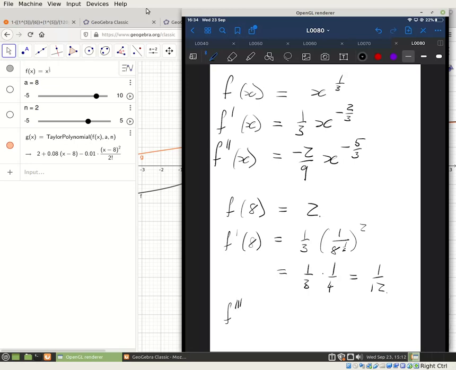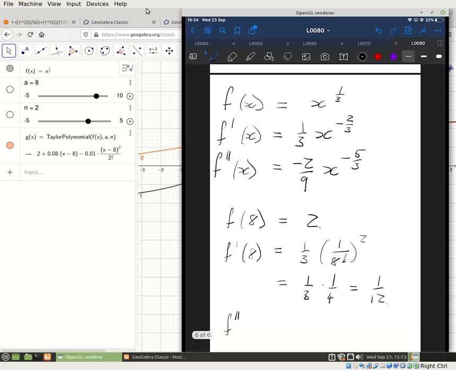And we can easily work out what the second derivative of f at 8 is as well. That is not too difficult, and if you do that, you can see that it is minus 1 over 144.